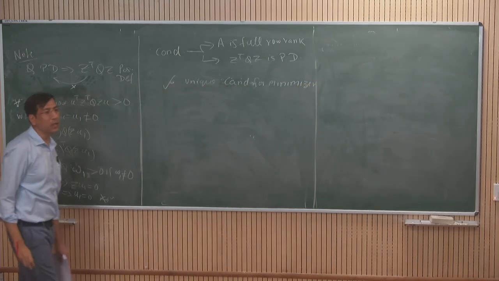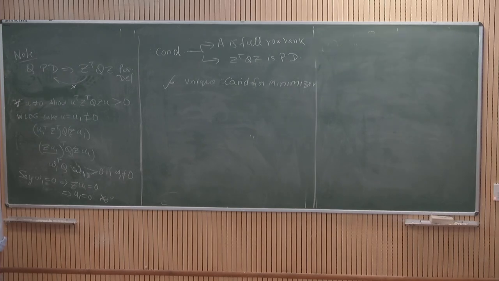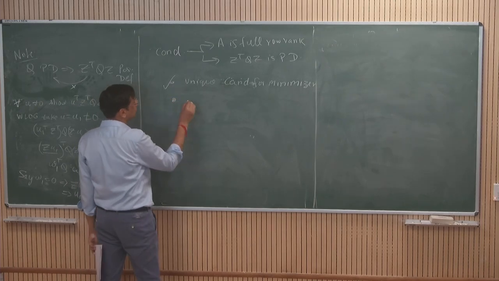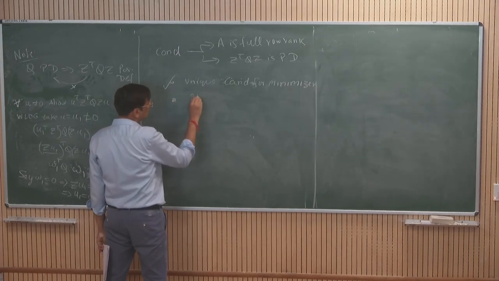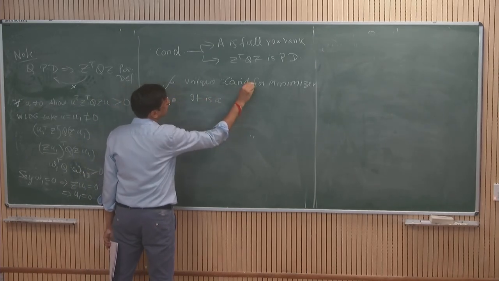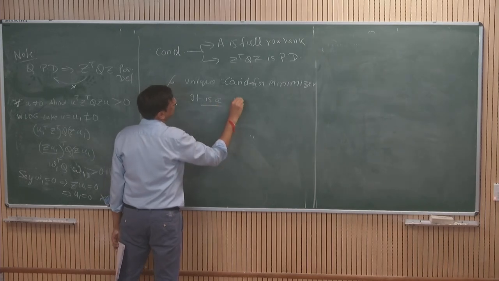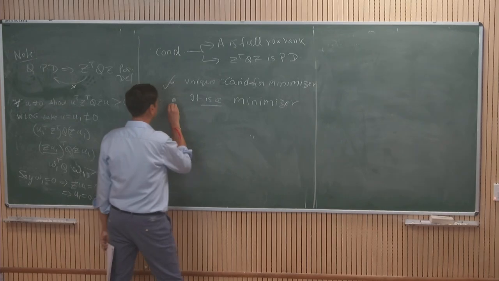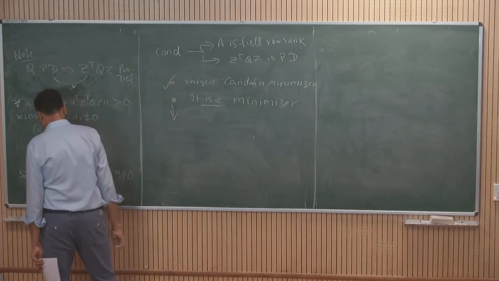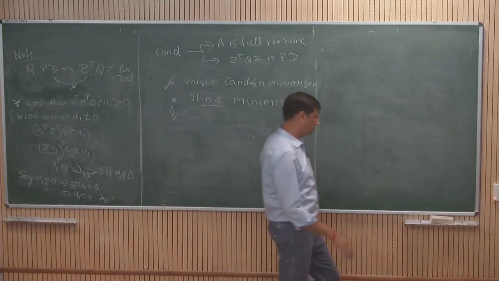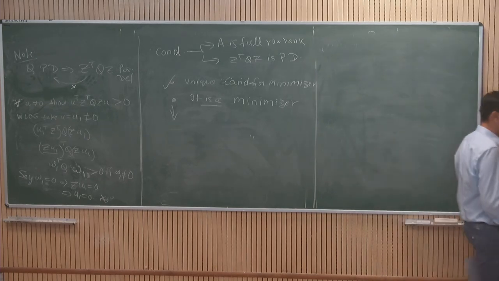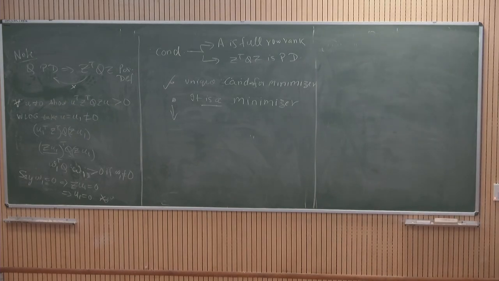It gives us a unique candidate for minimizer because we just satisfied the necessary conditions, the equality constraints and the gradient of the function. We also show that it is a minimizer. It is not just a candidate, it is a minimizer. What do we have to do to show that it is a minimizer?